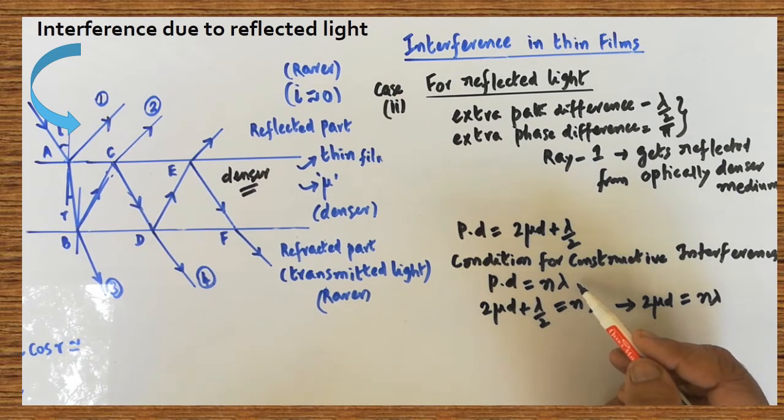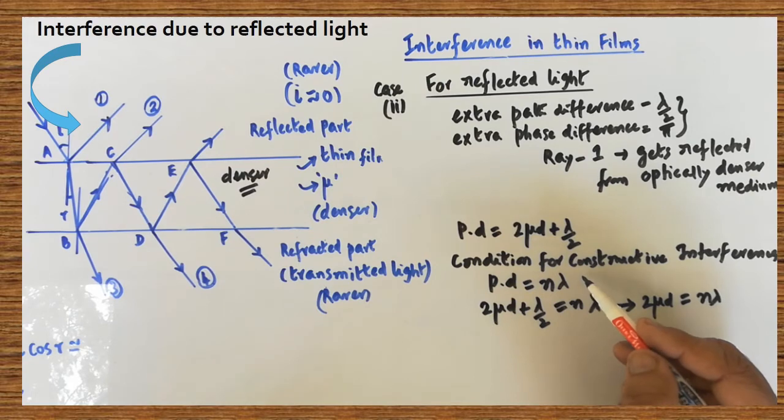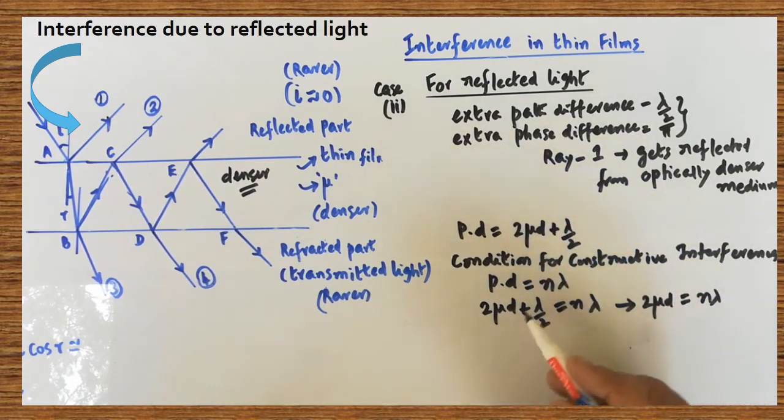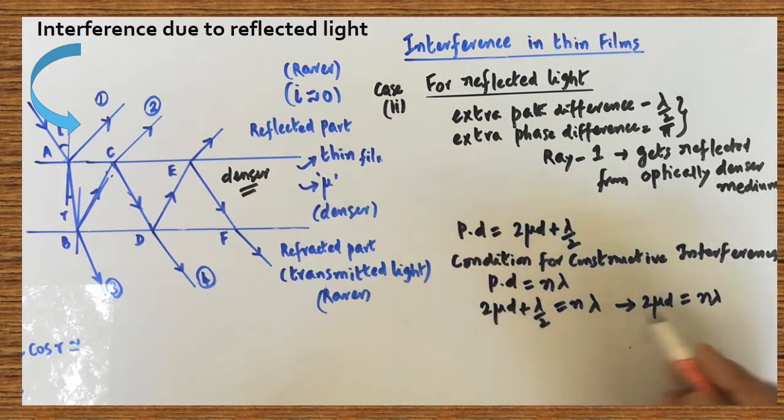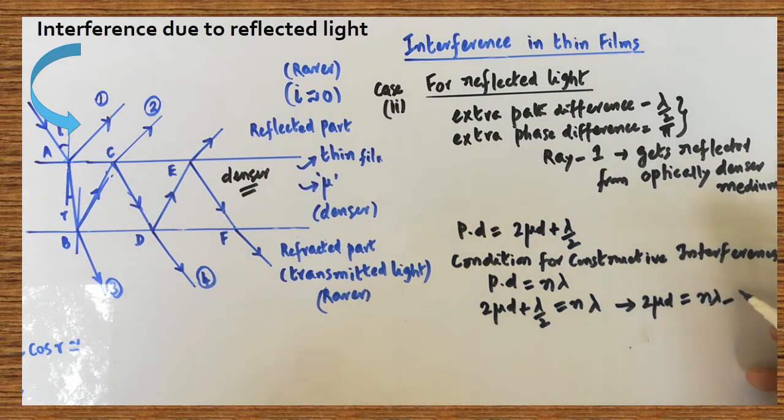This is the equation we already used in the case of Young's double slit experiment. But the real path difference is 2 mu d plus lambda by 2, and that should be equated with N lambda. After altering, 2 mu d can be written, and this lambda by 2 can be written on the other side as minus lambda by 2.